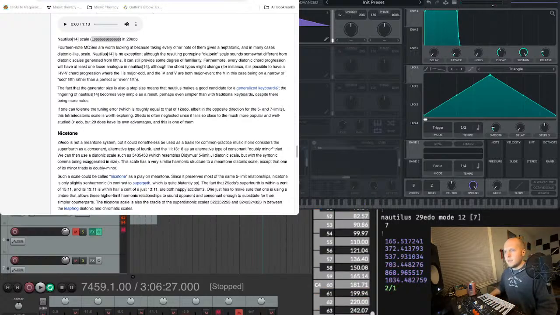I don't know if that's intelligible or not, but all the whole steps create a whole tone scale. So this is kind of like the 14 note version of that. And in fact, if the full 14 note Nautilus is loaded up on the keyboard, to play a 7 note subset, you would play literally a whole tone scale on the keyboard.